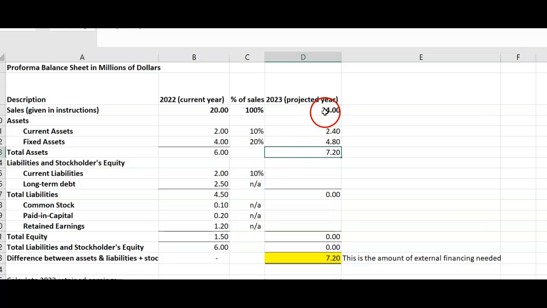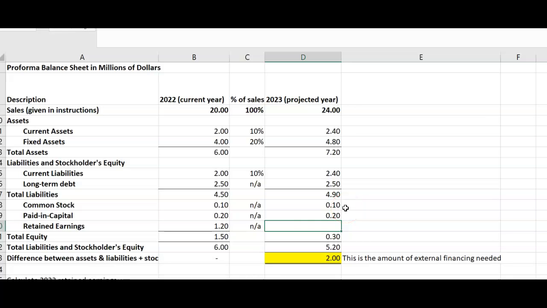So that's going to be 24 million multiplied by 10%. It's going to give me 2.4 million. These other numbers that aren't affected by sales, I'm just going to keep the same. So the 2.5 again for my long-term debt, 0.1 million for my common stock, 0.2 million for my paid-in capital.